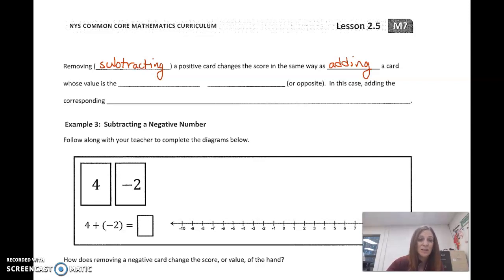You have to think back a few lessons, and that's called the additive inverse. Remember, additive inverses add to give you 0. They're opposites. In this case, adding the corresponding negative such that, oops, sorry.